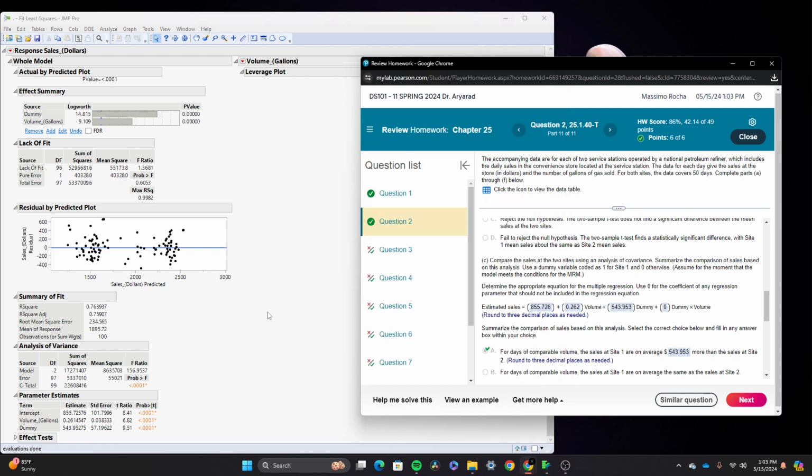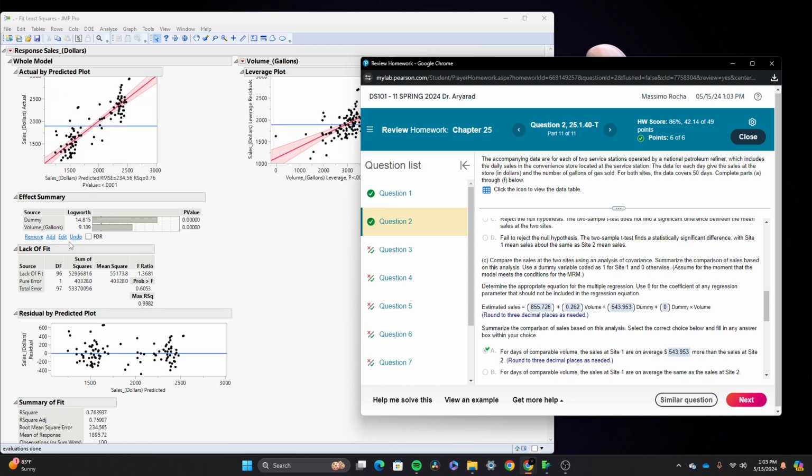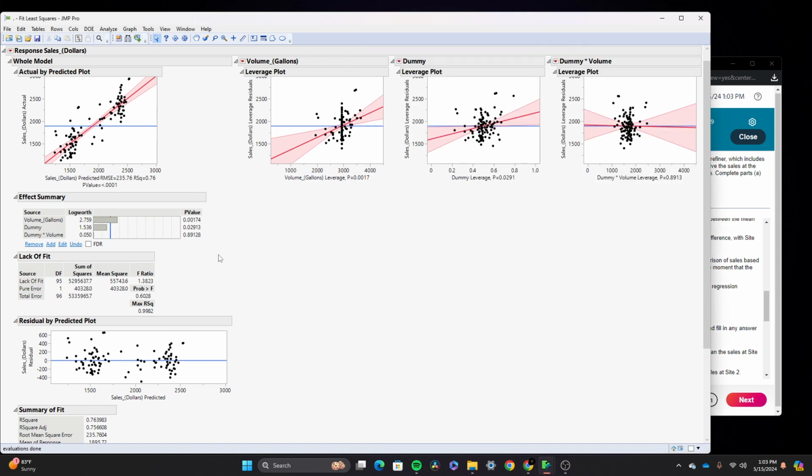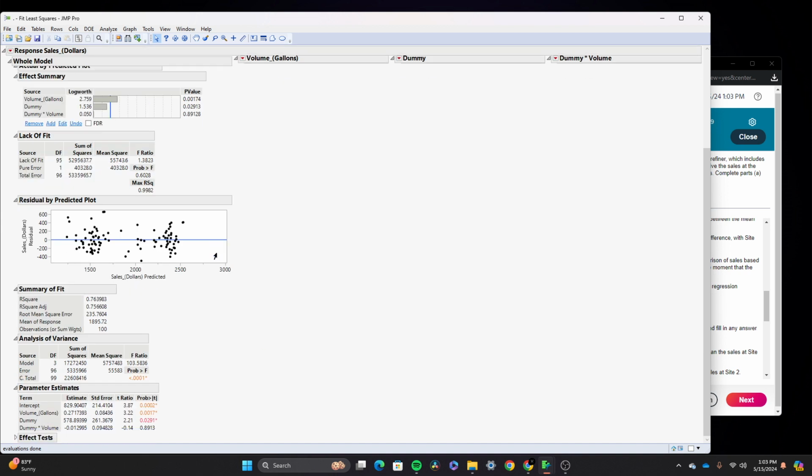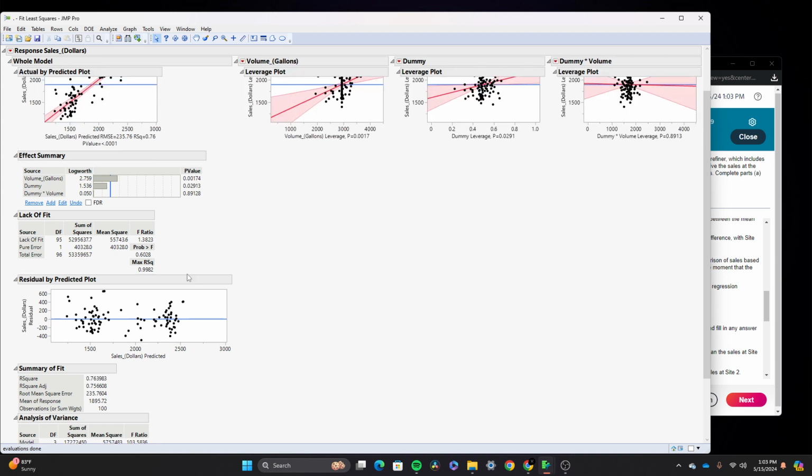So, the reason why we remove this is because it had a high p-value. Let me undo it so I'll show you. Look at this right here, 0.89. That's a high p-value. That's not good. It's impacting the numbers here. We want a statistically significant p-value.